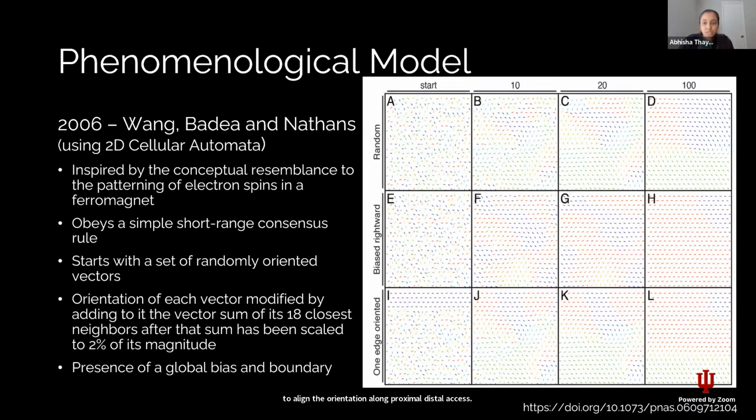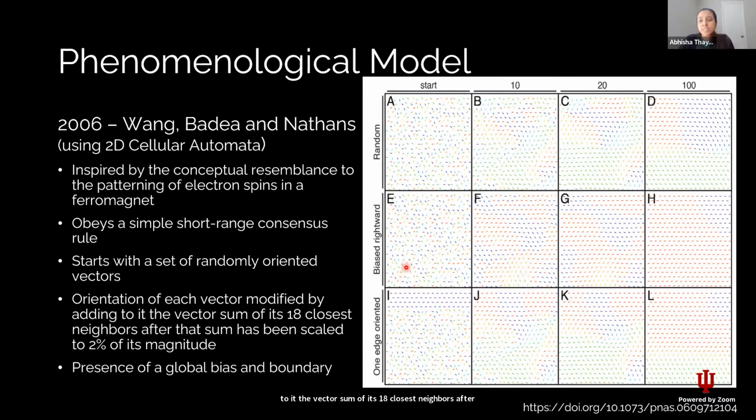Now, a second example of a phenomenological model is inspired by the conceptual resemblance to patterning of electron spins in a ferromagnet or Ising type lattice model. This obeys a short-range consensus rule to simulate what seems to be a self-organized process. So basically, you start with a set of randomly oriented vectors, and the orientation of each vector is modified by adding to it the vector sum of its 18 closest neighbors after that sum has been scaled to 2% of its magnitude.